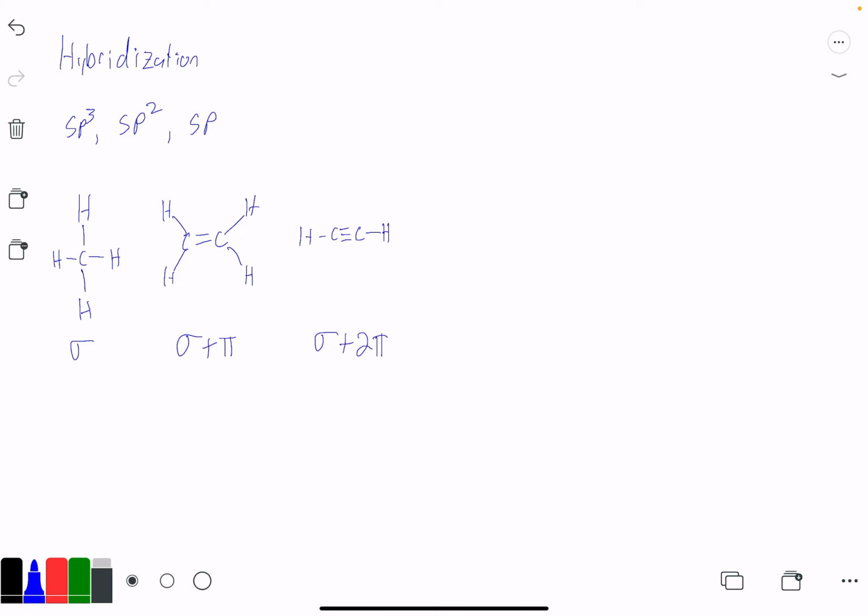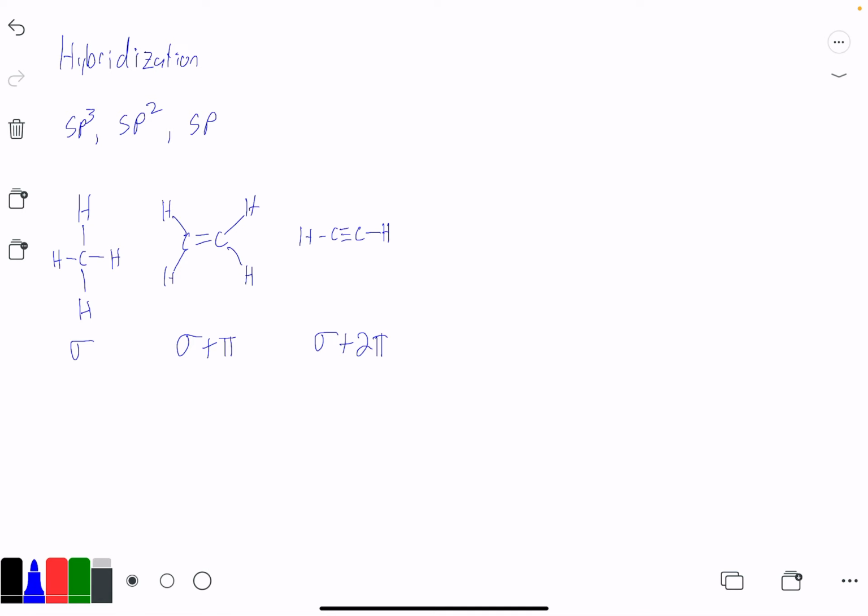And it's important to note that pi bonds are weaker than sigma bonds. Sigma bonds are due to the overlap of hybridized orbitals head-to-head, whereas pi bonds are the overlap of orbitals from side to side. So you don't get as much overlap as you do with a sigma bond, therefore it's weaker.